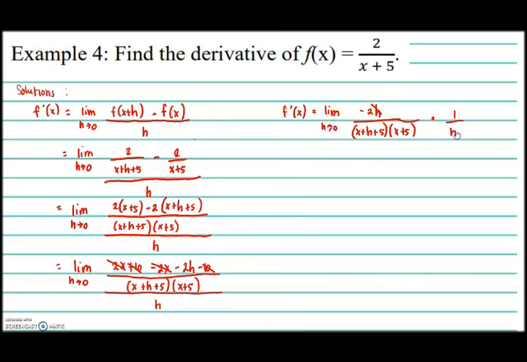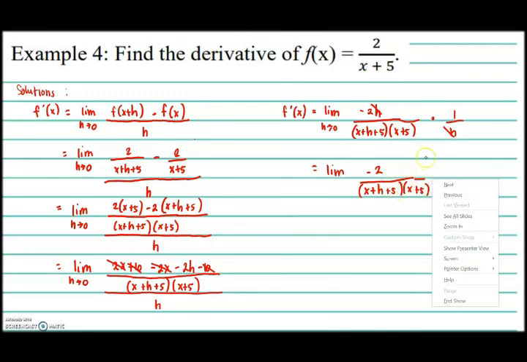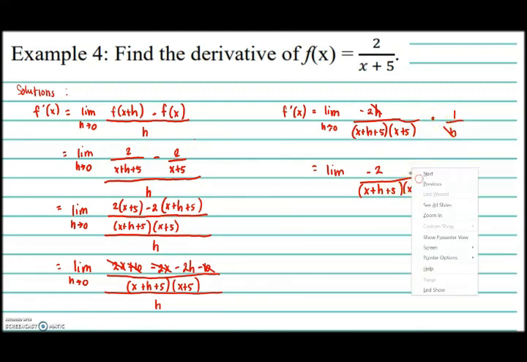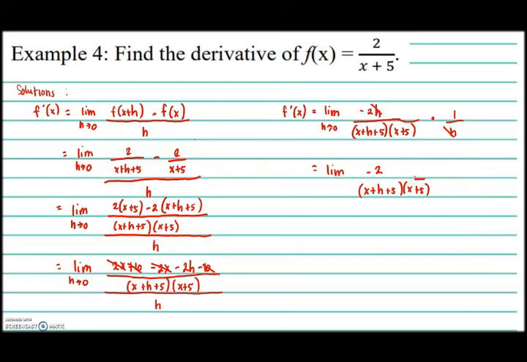Now we can divide out h. Multiplying, we have the limit of -2 over (x + h + 5) times (x + 5), as h approaches 0.